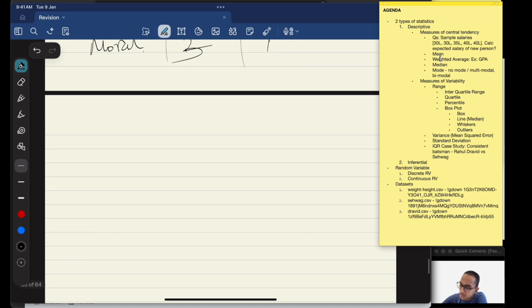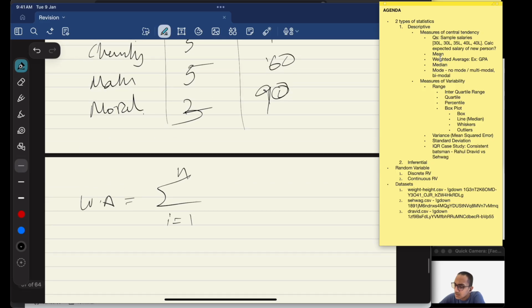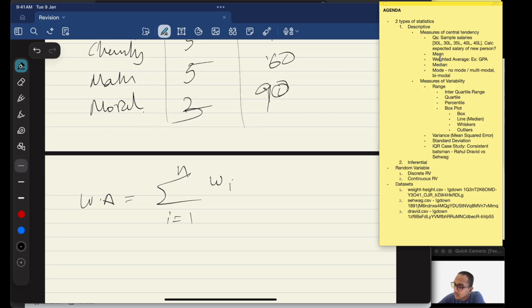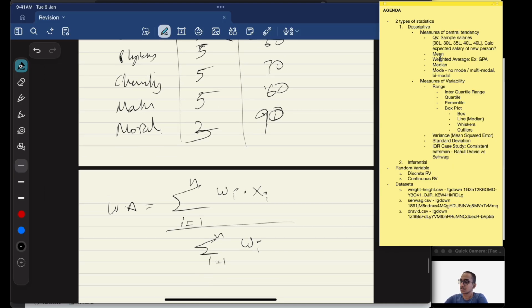So the formula would be something like weighted average will be sum of i equal to 1 to n, that will be your weight times each element, divided by 1 to n sum of weights, right?